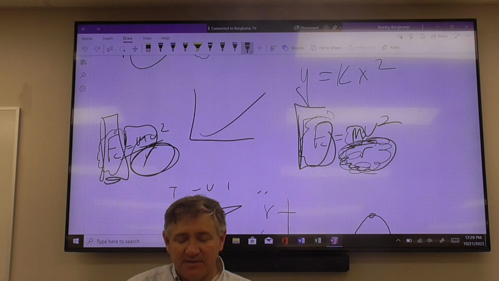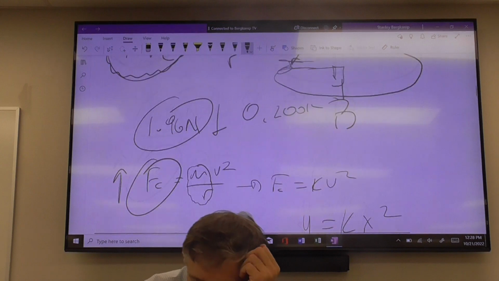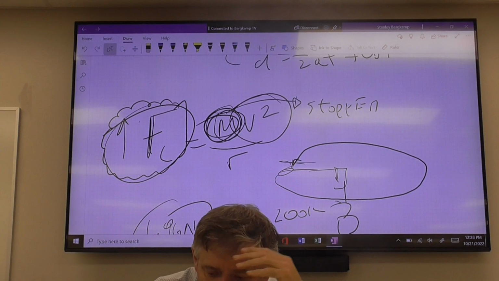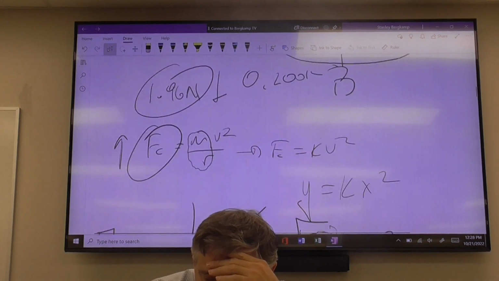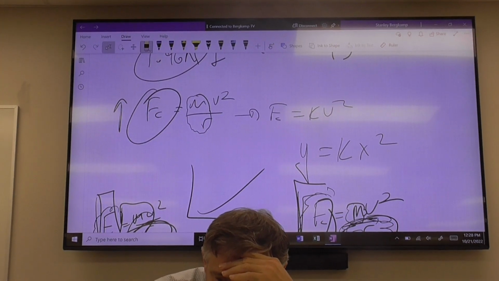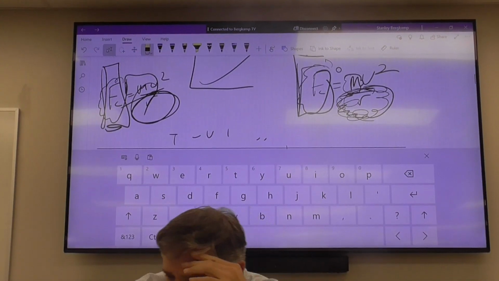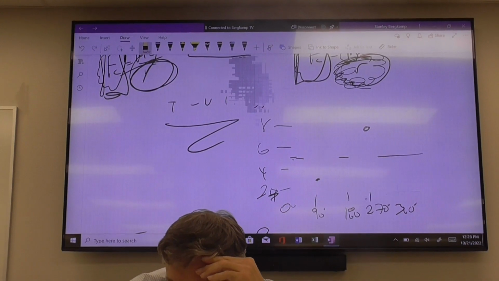Now, let's go back to that first set of trials where centripetal force was getting bigger. Here's what I want you to think through, and if you can think this through, it gives you an idea of what your data should look like.